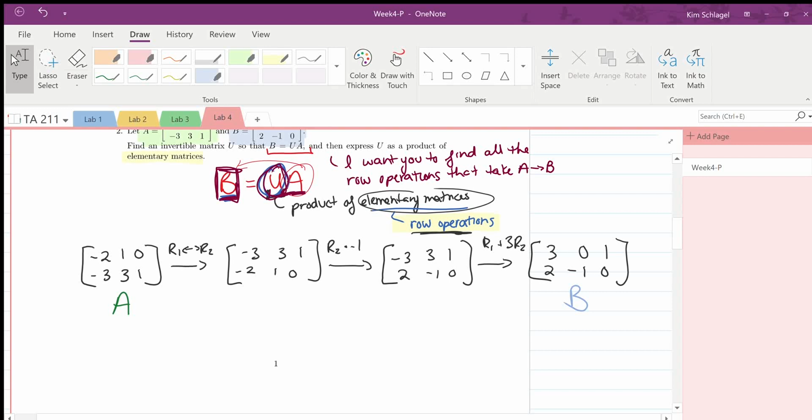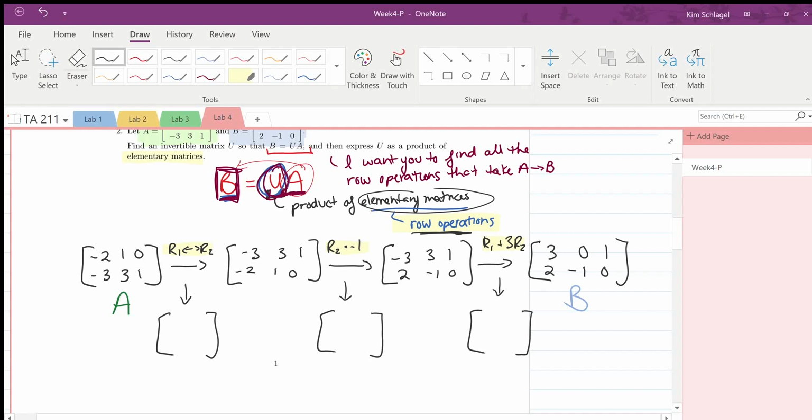So I'm going to highlight these guys here. These are our row operations that take us from A to B. And just like in the last question, we're going to figure out what the corresponding elementary matrices to these row operations are. Switching row 1 and row 2 will result in an elementary matrix that looks like this.